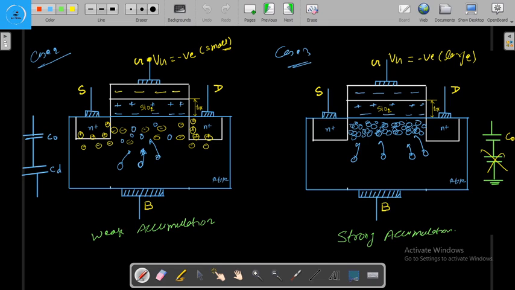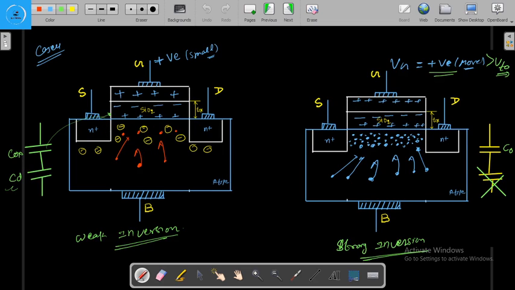When we apply a very large negative gate voltage, only holes are present between the source and the drain, and this region is called strong accumulation.